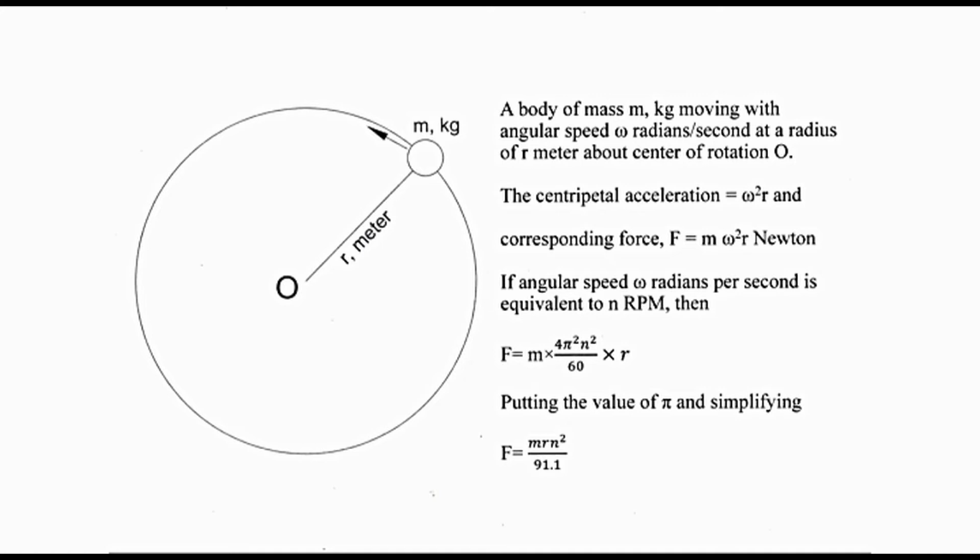If angular speed omega radians per second is equivalent to n rpm, then F is equal to m into 4 pi square n square divided by 60 square into r. Putting the value of pi and simplifying, F is equal to m r n square divided by 91.1.